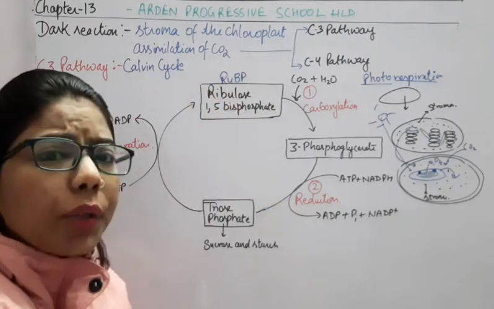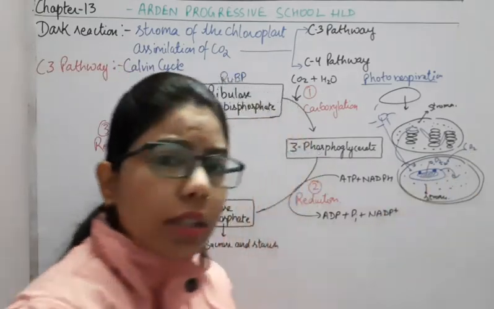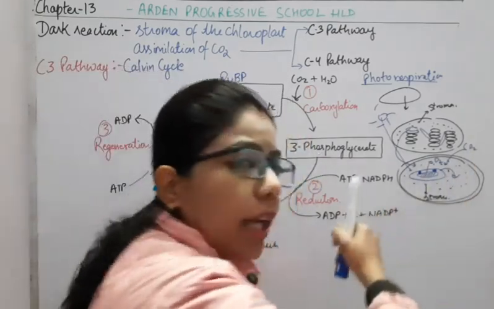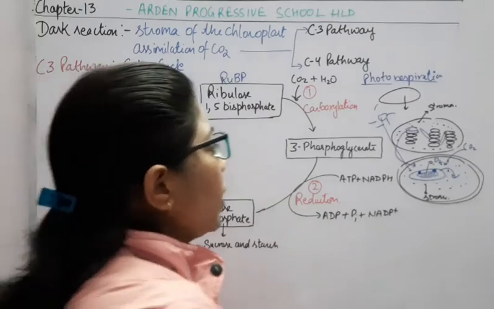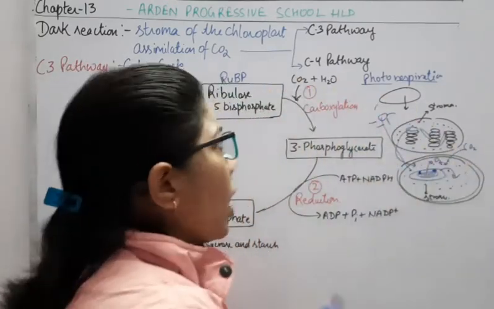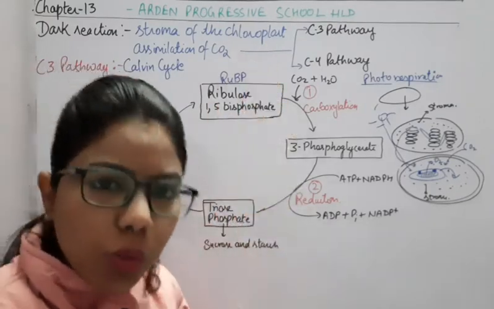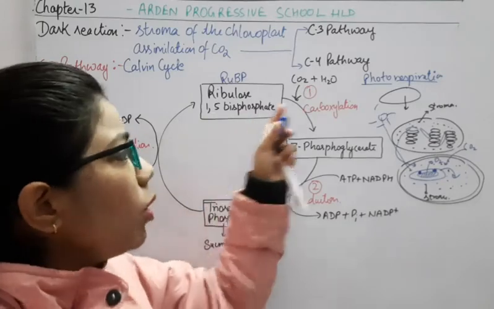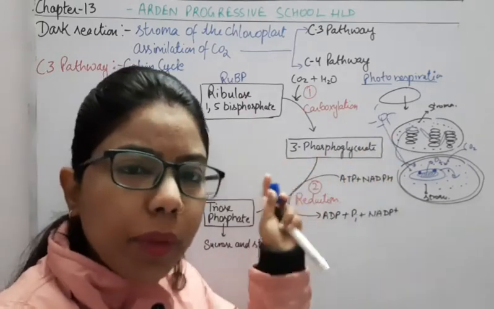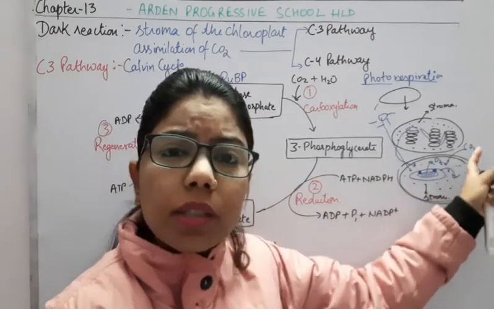In the stroma, the CO2 which is coming from the outside through the stomata will fix with the RuBP which is present here. RuBP is the primary acceptor of CO2. If RuBP were not there, then no one would accept this CO2.